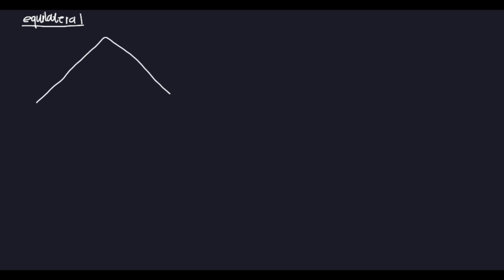So let's say we have this triangle, and each distance is equal to 2. So if each distance is equal to 2, then each angle is equal to 60 degrees.